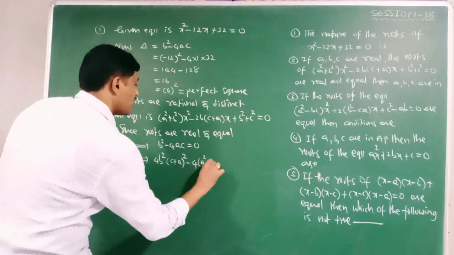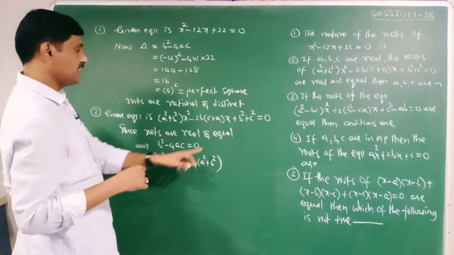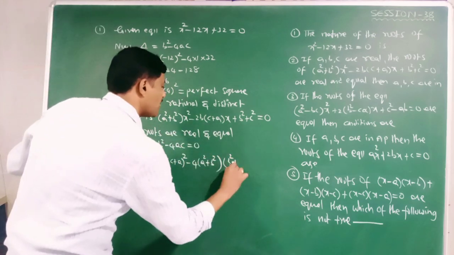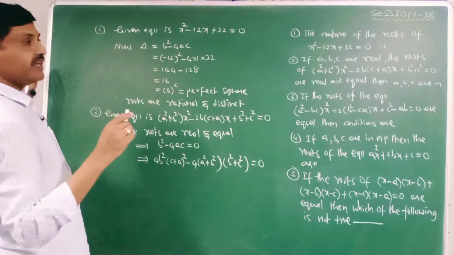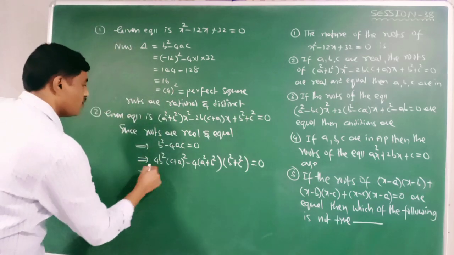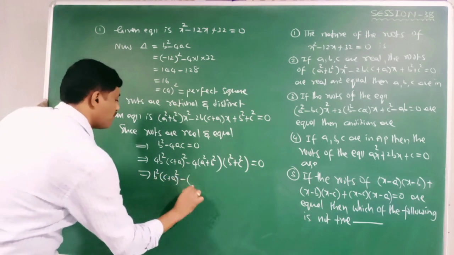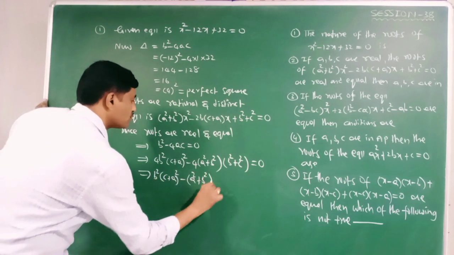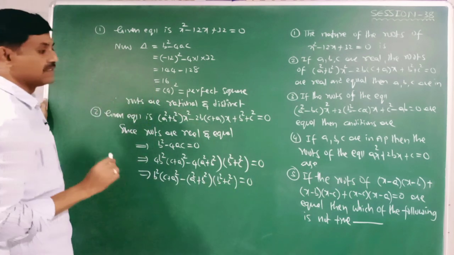This is a square plus b square, and c is b square plus c square, is equal to 0. If you simplify, 4 common: b square (c plus a) whole square minus (a square plus b square)(b square plus c square) is equal to 0.